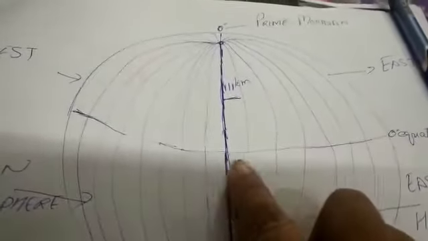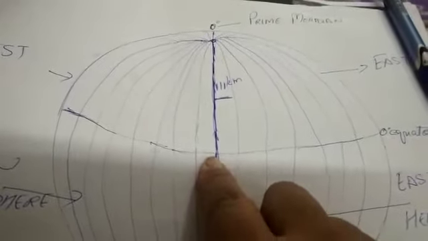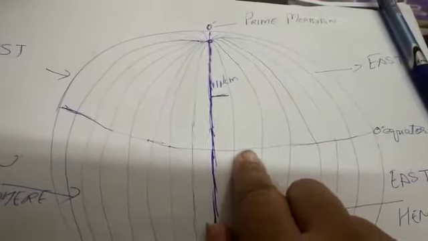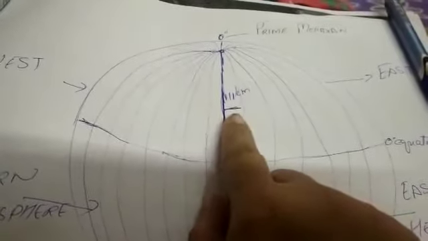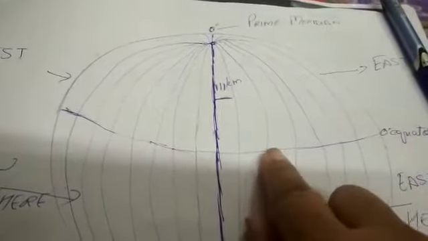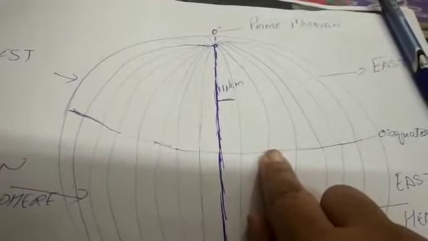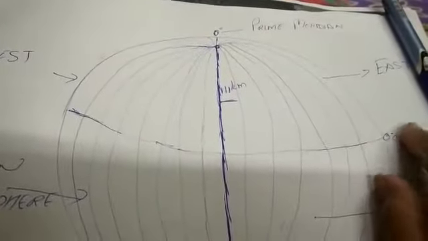Okay, now from one degree to another, that means from one longitude to the other, it takes 4 minutes. That means 1 degree will be covered in 4 minutes, and 111 kilometers will be covered.